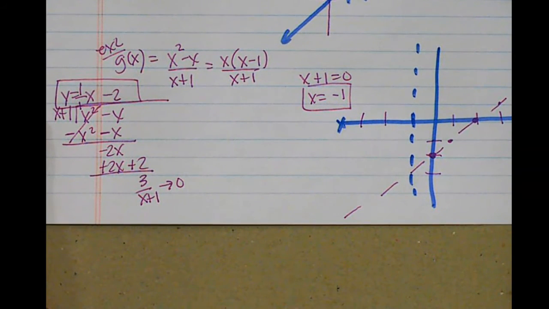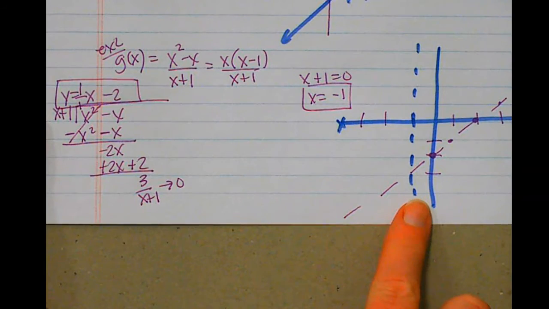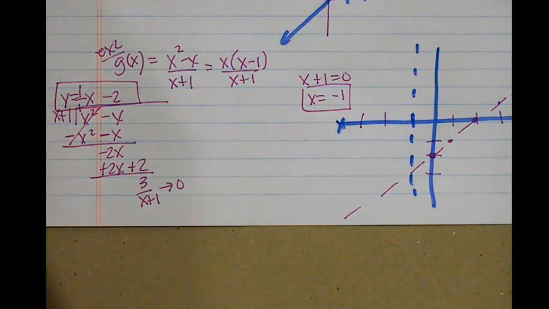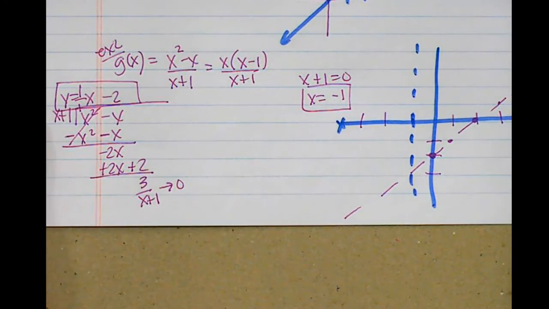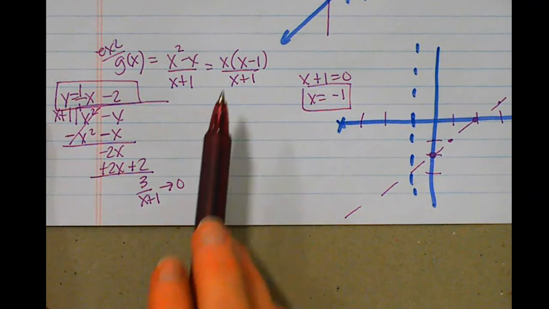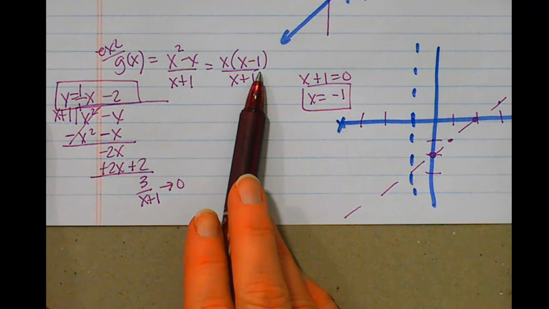So here's what's going to happen. I'm going to have shapes that follow these dotted lines. This is what's so cool, is that we get to draw in the stuff just from this. And there's one other piece of information we can get. If we set the top equal to 0, we're actually going to find out where it crosses the x-axis.